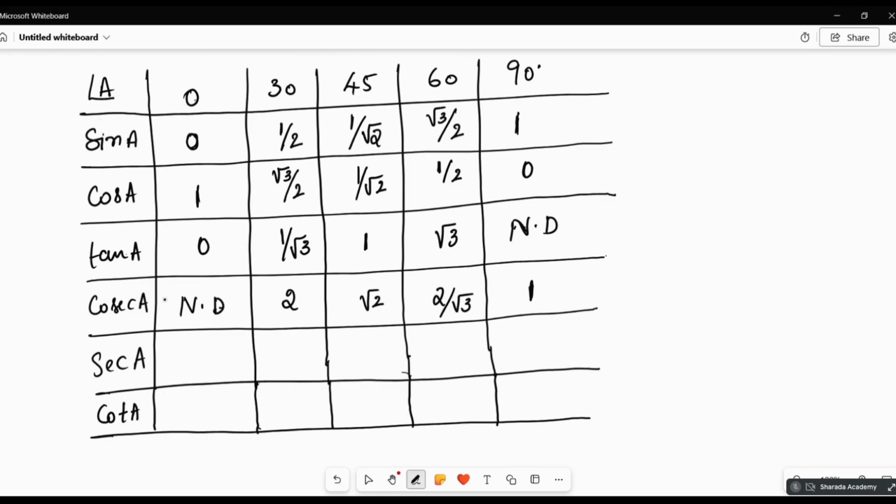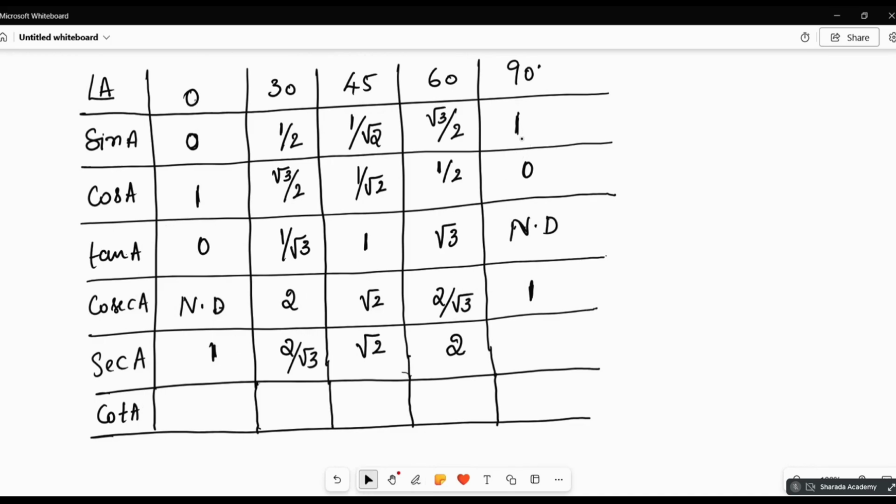Then comes the secant. Secant 0 is 1. Secant 30 degree is 2 by root 3. Secant 45 is root 2. Secant 60 degree is 2.